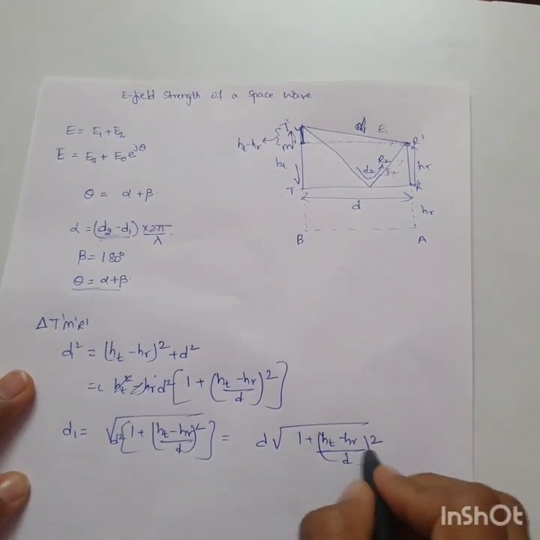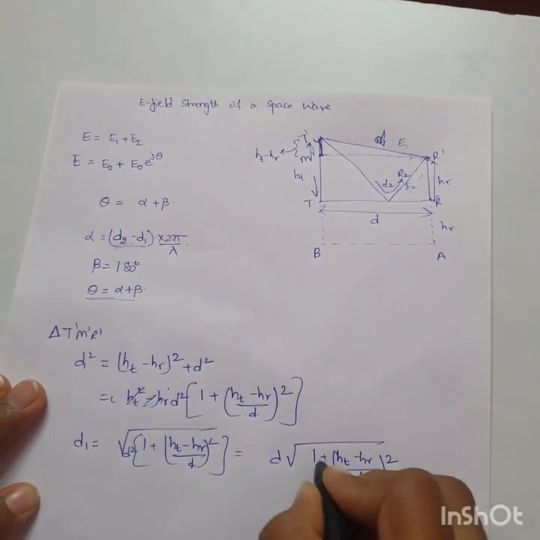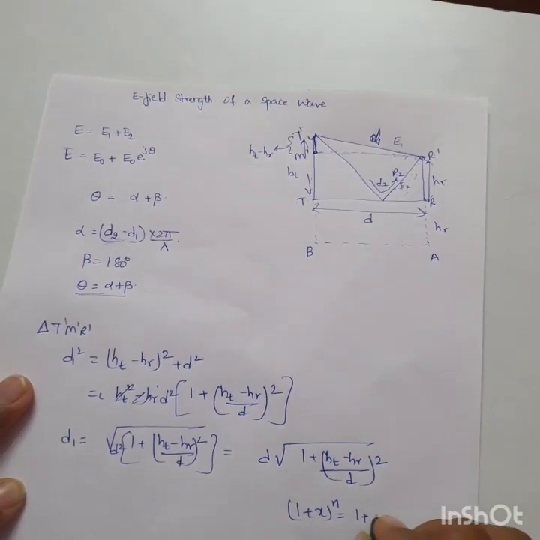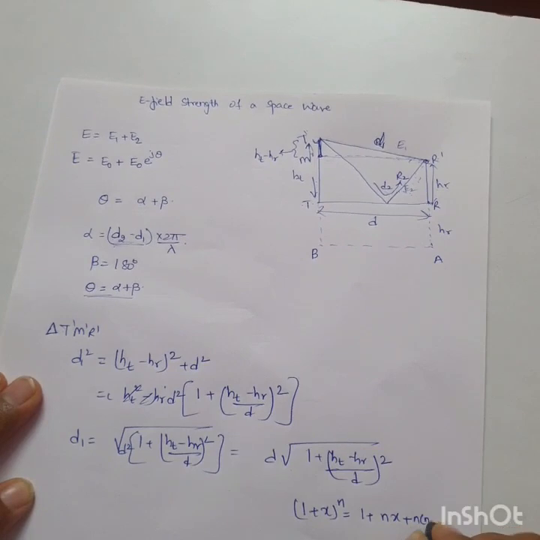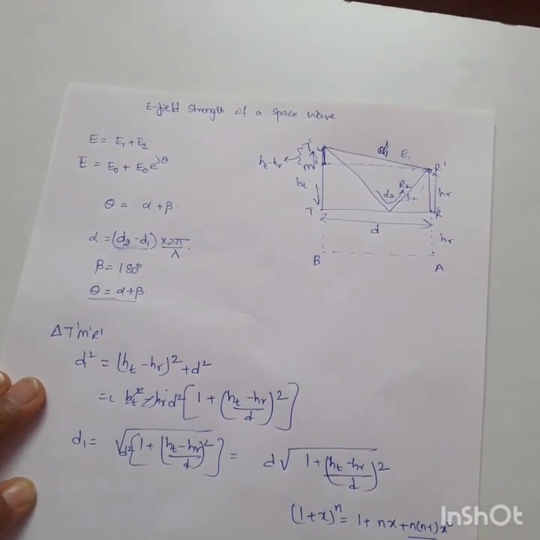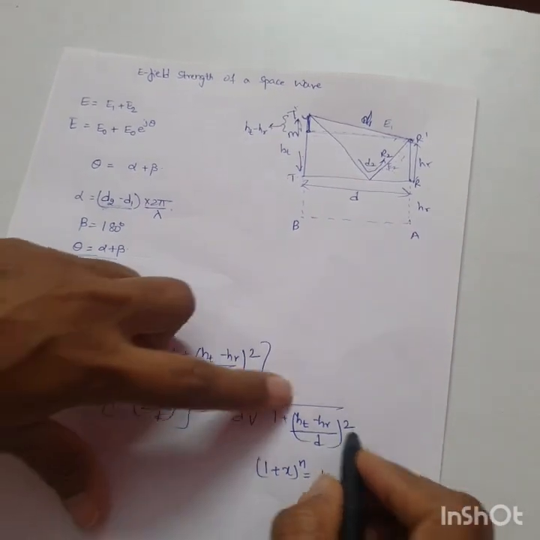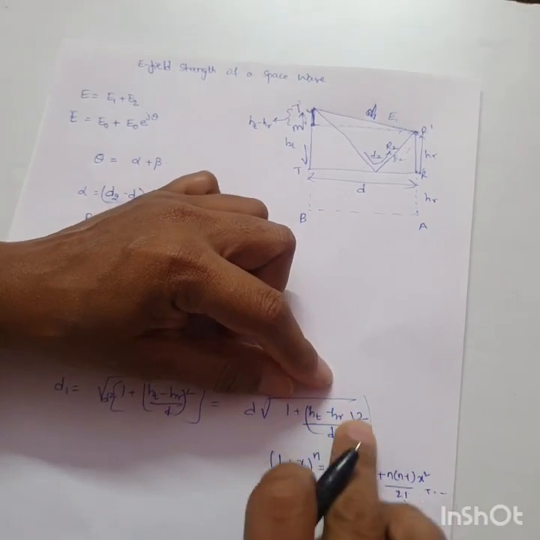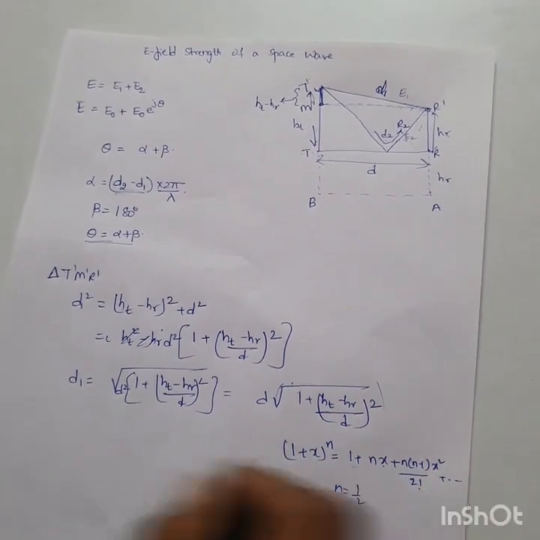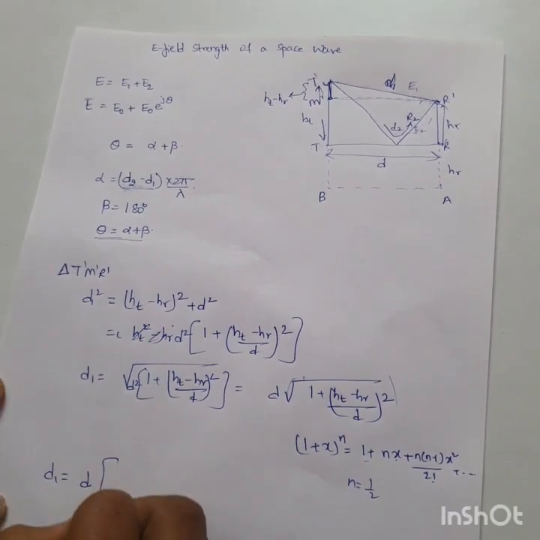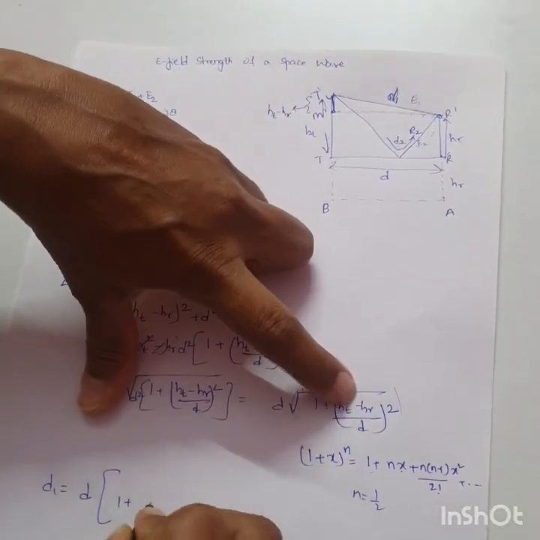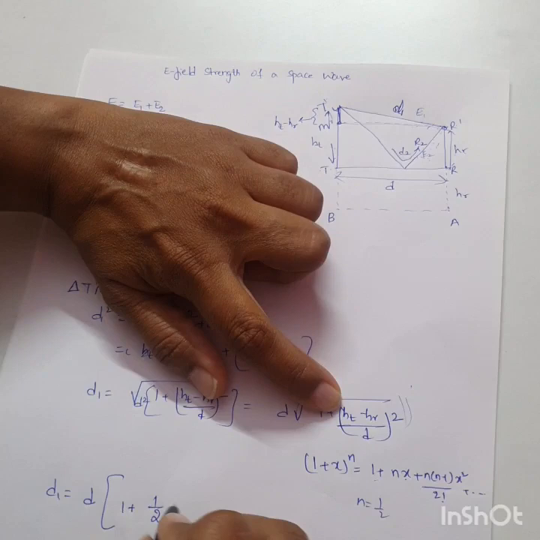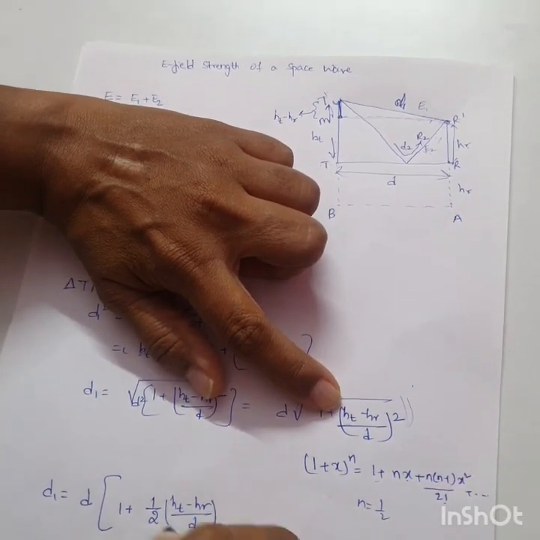Now I can simplify this expression. This looks like the formula 1 plus x whole power n. What is the formula of 1 plus x power n? It is 1 plus n x plus n into n minus 1 into x square by 2 factorial, and so on. Here n is 1 by 2 and x is HT minus HR by D whole square.